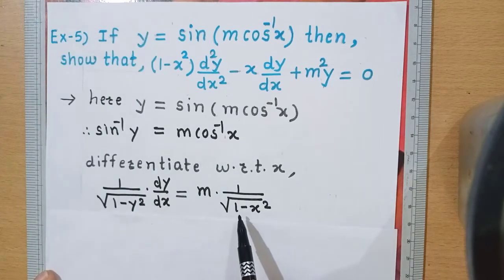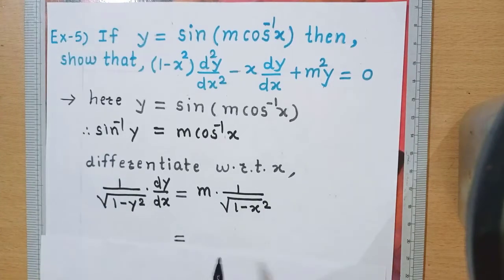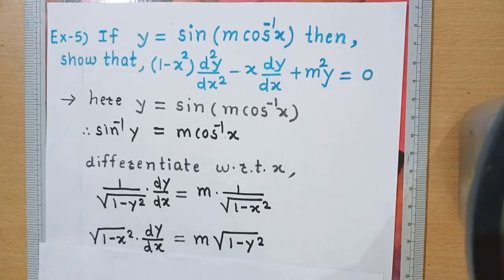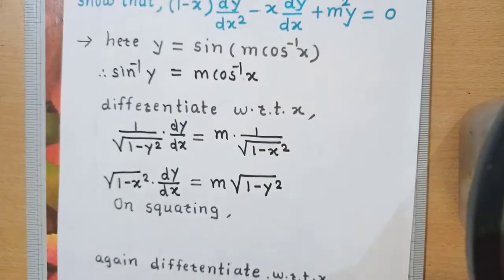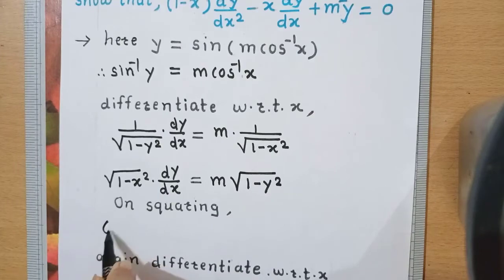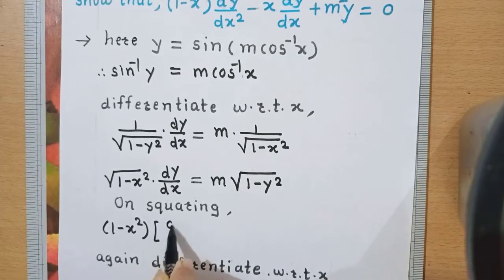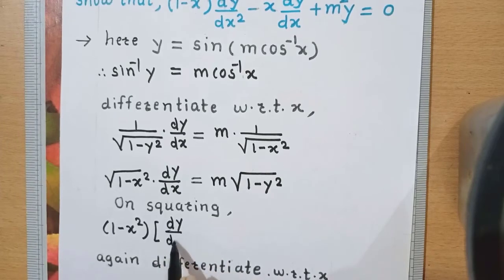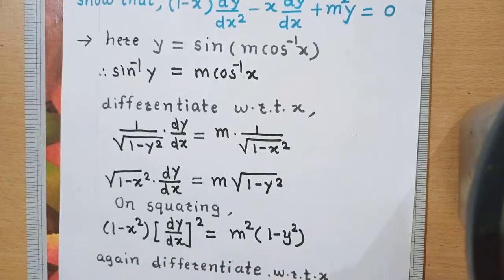Now cross multiply, shift this term to the left hand side and this term here, so we have y square. Now on squaring we have square of this is 1 minus x square and here dy by dx bracket square, that is equal to m square.